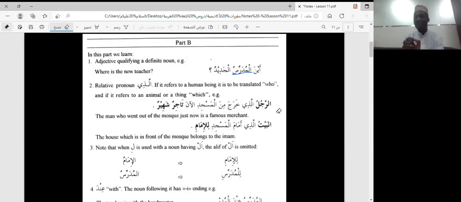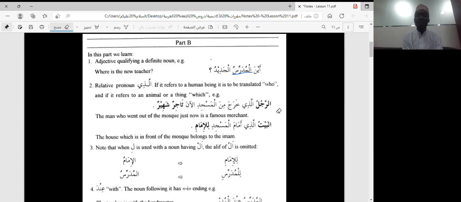Do you understand? Ar-rajulu alladhi, the man who. That alladhi means who in English language. It is a relative pronoun. Ar-rajulu alladhi kharaja min al-masjid al-an, the man who went out of the mosque just now.